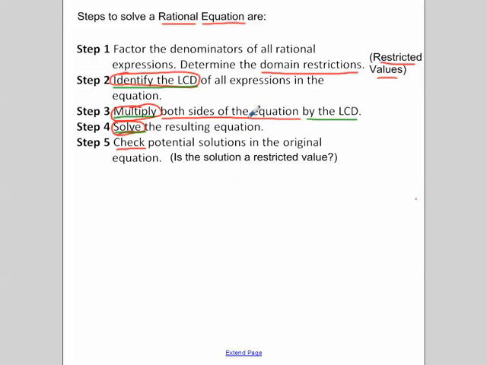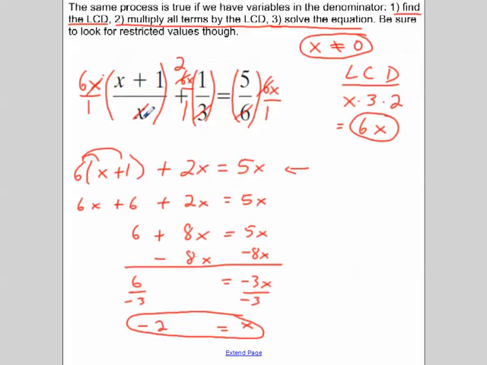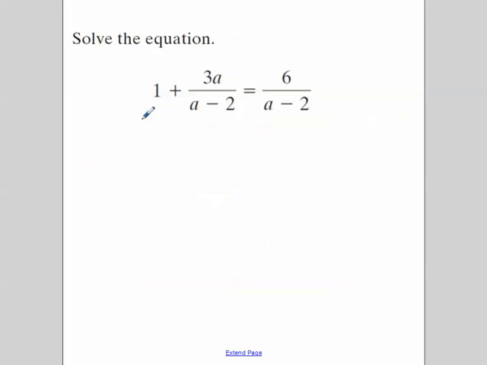So that's essentially what we have to do when we've got a rational equation. Rational means fractional, equation means we've got an equal sign. So if we've got a fraction and an equal sign, then we find the lowest common denominator, multiply by the lowest common denominator, and then solve. So here's what we did in 7.4a, and now in 7.4b, we're going to just solve the equation.